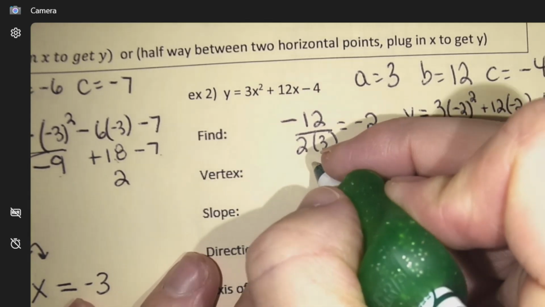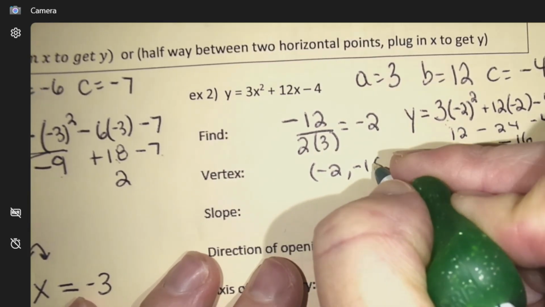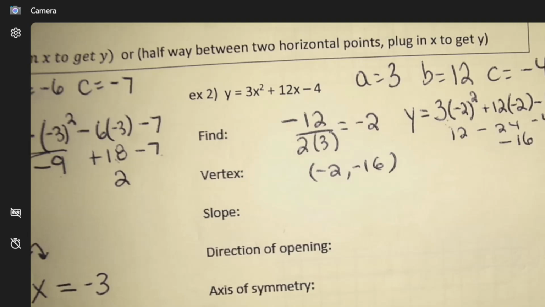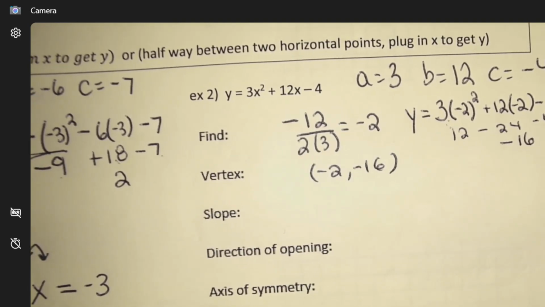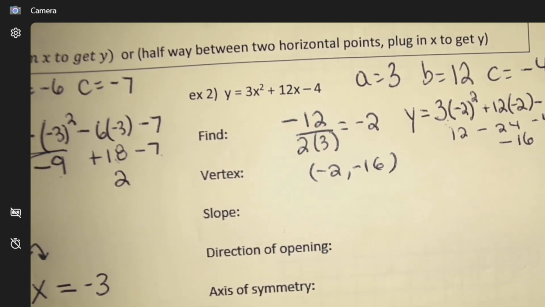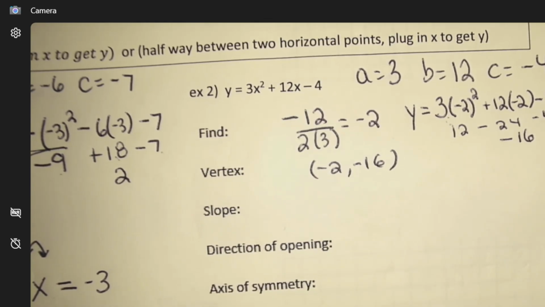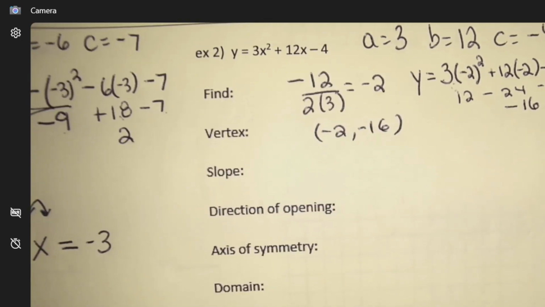Let's see if we can all get the same number. Okay, how did that go? I got a negative 16. We like that value.